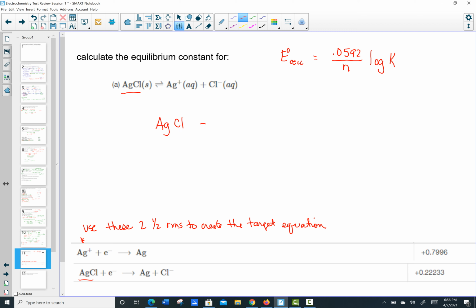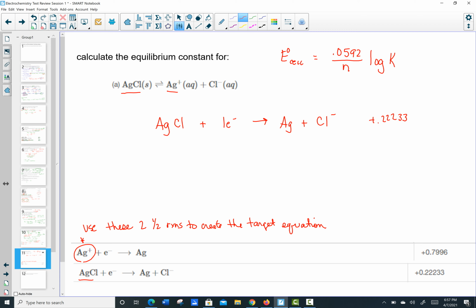AgCl plus 1 electron is giving me elemental silver and a chloride ion with a voltage of 0.22233. The first product is given to me as Ag+, and Ag+ is written over here on this side of the equation.